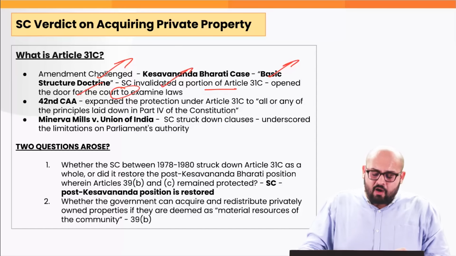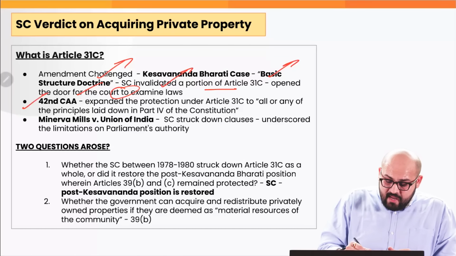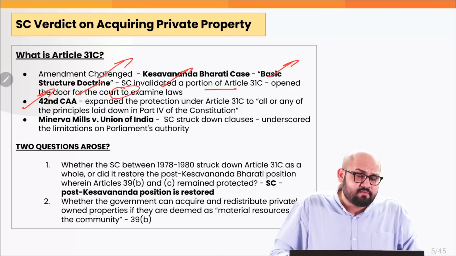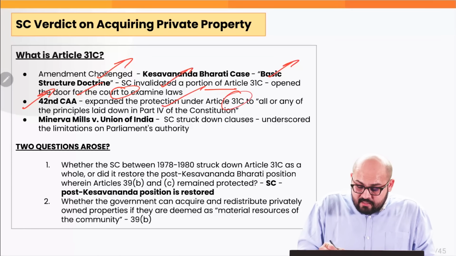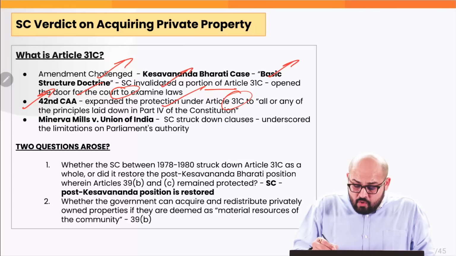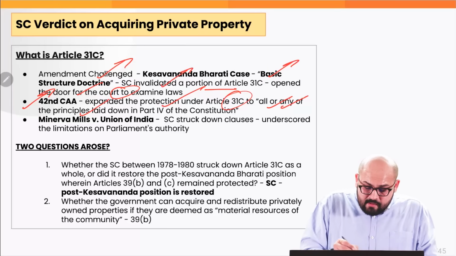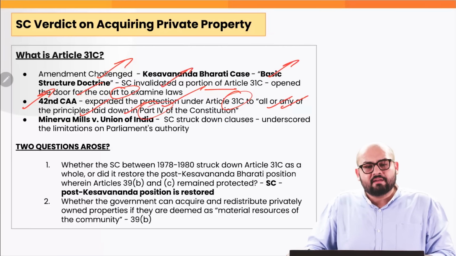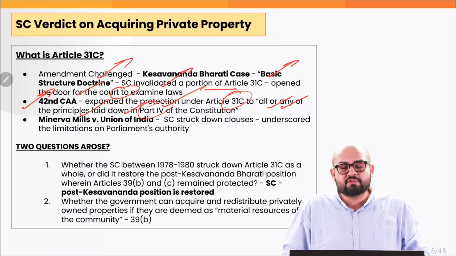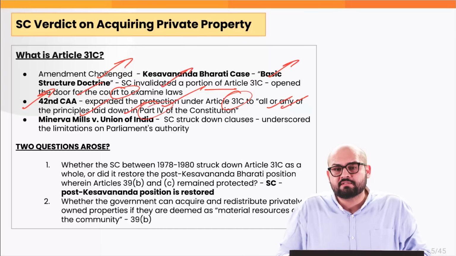Next, we had the 42nd Constitutional Amendment Act of 1976. This expanded the protection under Article 31C to all or any of the principles laid down in Part 4 of the Constitution. Please understand that Part 4 talks about the directive principles of state policy.